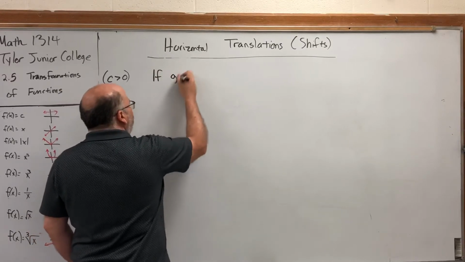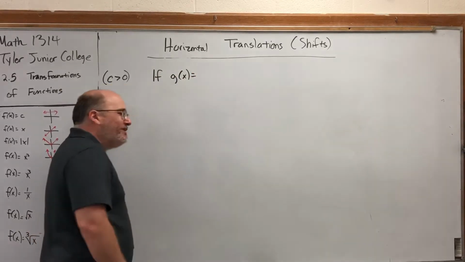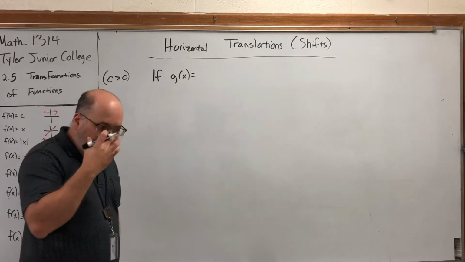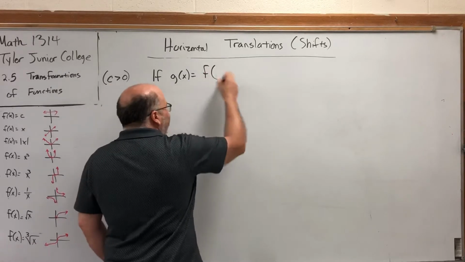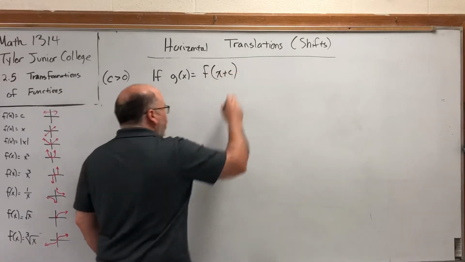If g of x equals, now how do I say add a number directly to the x in an original function? Well, you go inside and say f of x plus c.